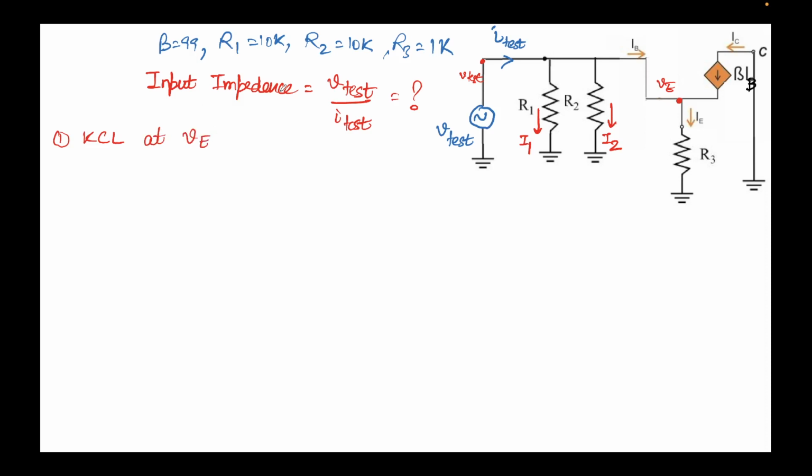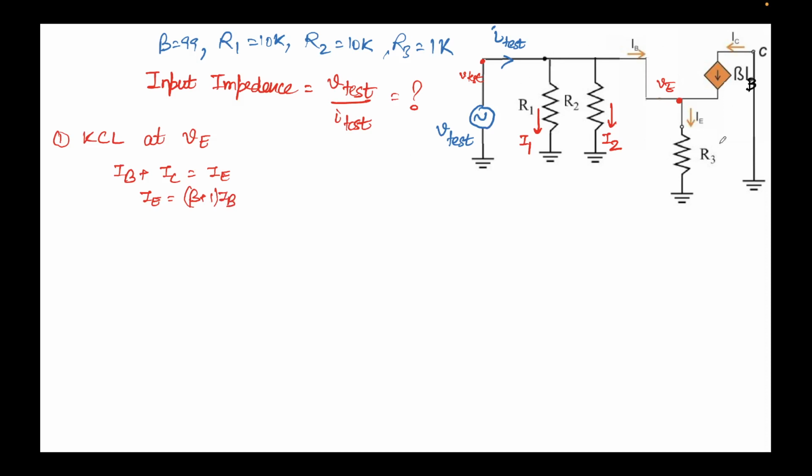The incoming current is IB and IC, so I'll write IB plus IC is equal to IE. So I'll get IE equal to simply beta plus 1 times IB. This is what I'll get.